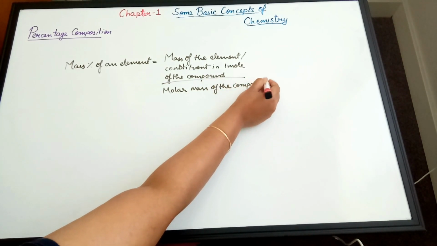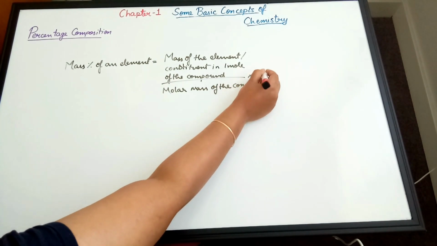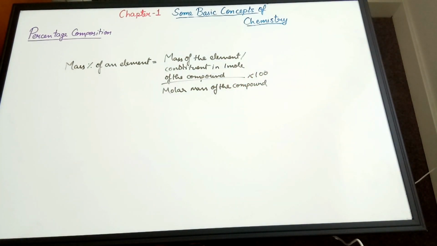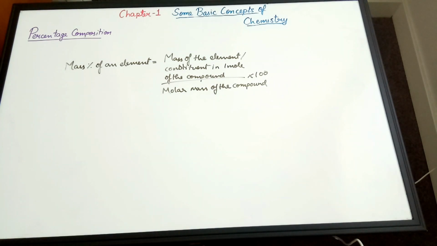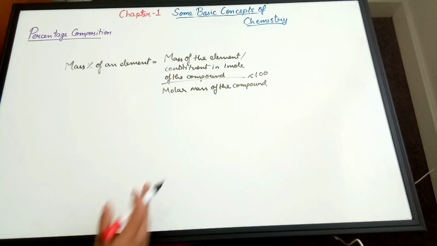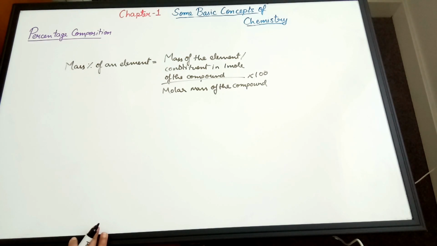And this will be multiplied by 100 because it's a percentage. Usually the units will cancel, as you have gram per mole and gram per mole, both of them will get cancelled, and times 100 because you have the percentage.